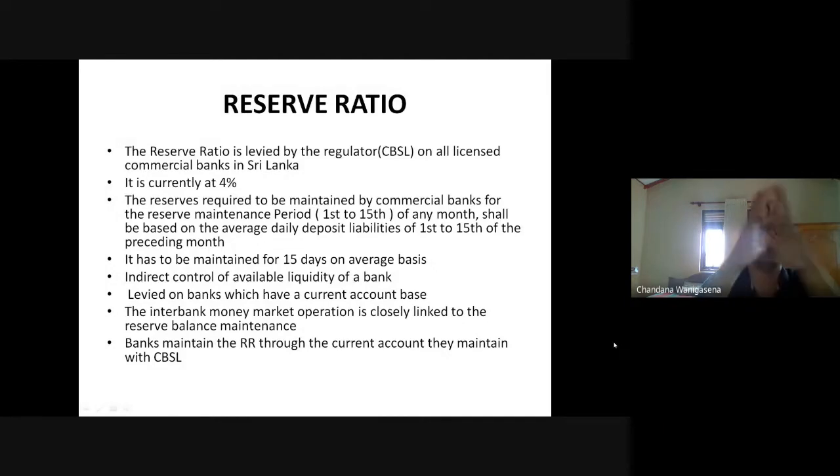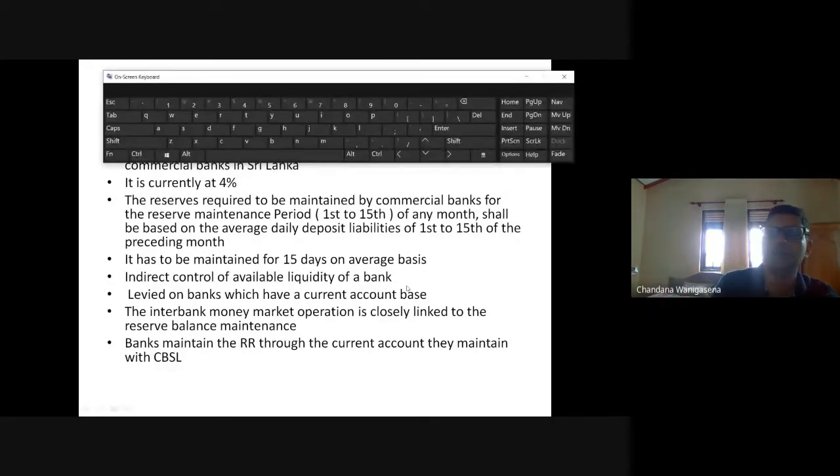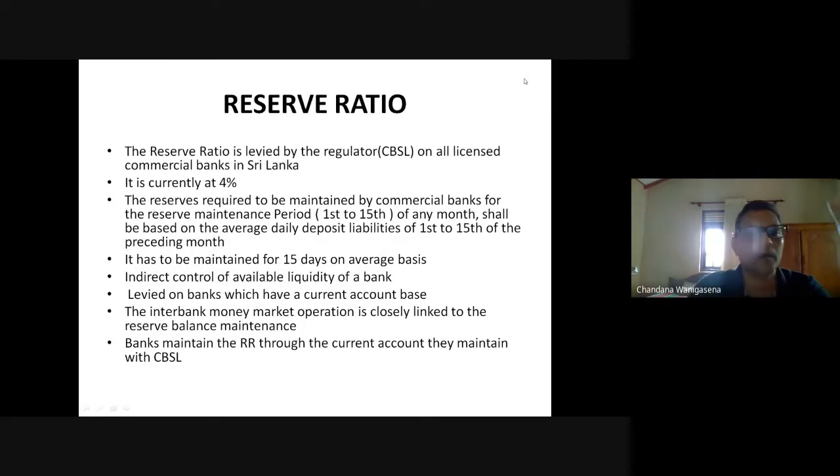All the commercial banks are expected to deposit a certain percentage of their deposits in the central bank. That is the ratio we call the reserve ratio, right? At the moment it is 4% of the total deposits that banks have to keep in the central bank.